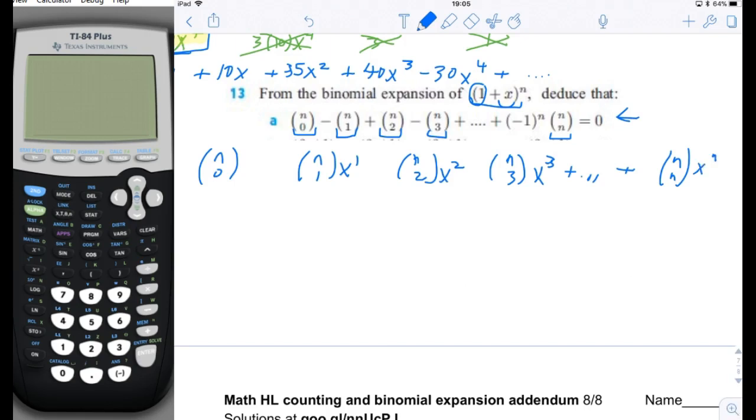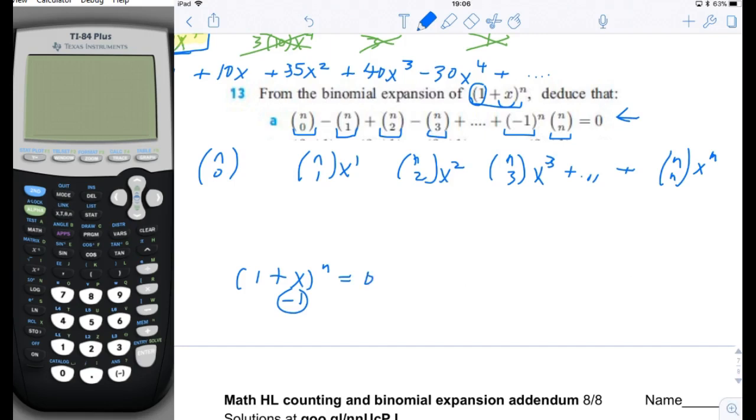Now, the fact that they have negative 1 to the n here instead of x to the n makes me think, okay, what they want me to do is substitute in x equals negative 1. Now, why would I do that? Well, if you look at the original expression, it's 1 plus x to the n, right? So if I put negative 1 in for x, what happens? I have 1 minus 1, which is 0, which is equal to 0 to the n, which is equal to 0.